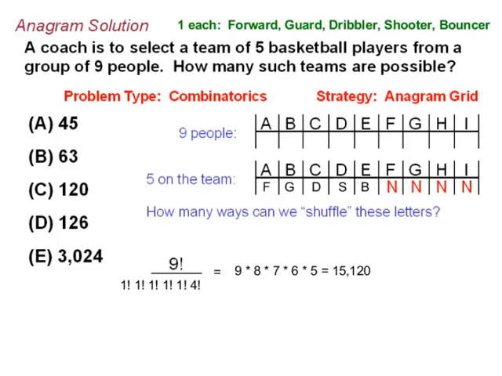Now, I know that those are not actual basketball positions, so don't write in. I'm just being silly. But I'm being silly in a way that lets us look at how the anagram grid would differ. So in this case, it is different to be the forward as opposed to the dribbler. And in your anagram word, give those different letters.